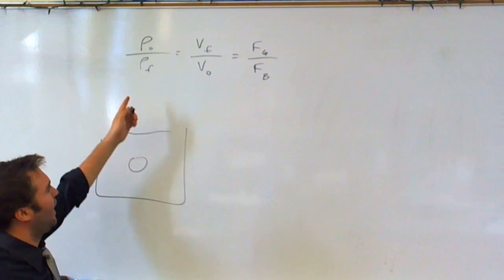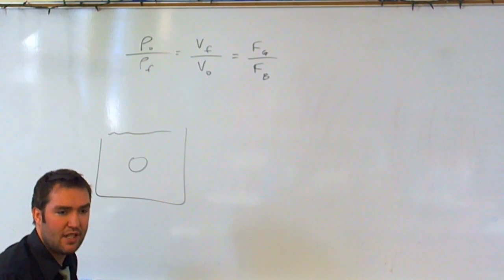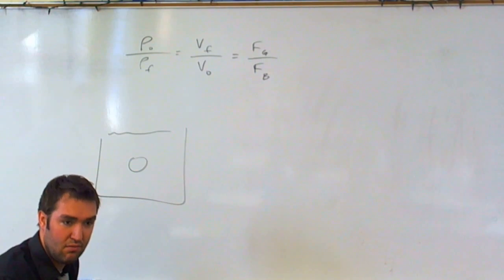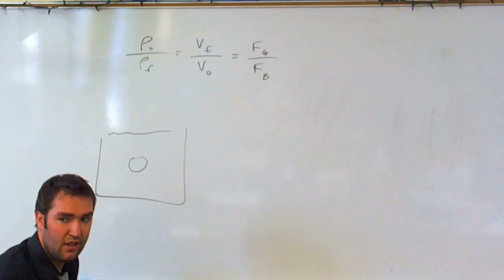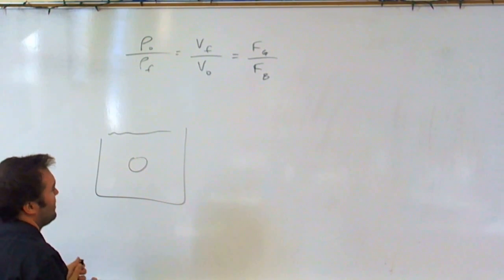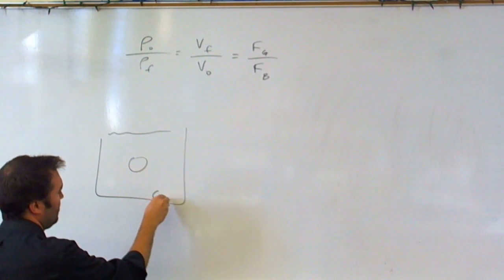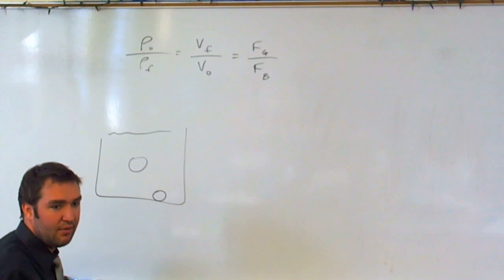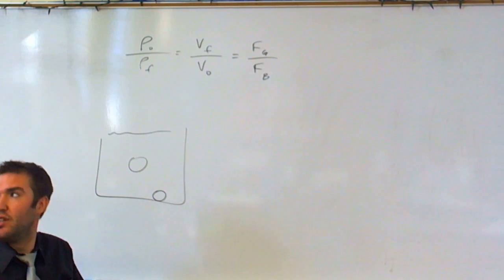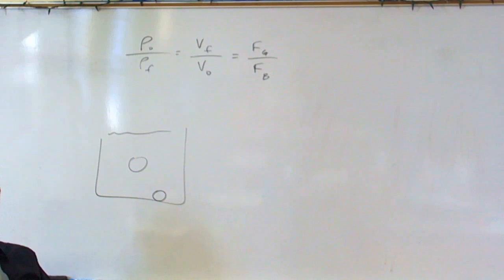Remember, this has to do with objects that are submerged, not objects that are sitting on the bottom. Well, that is submerged. This does not apply. The volume part does. The density part does not.